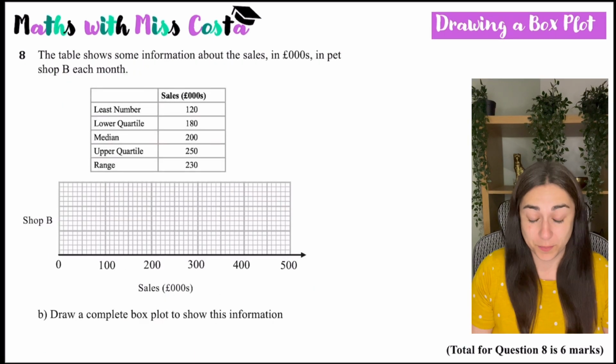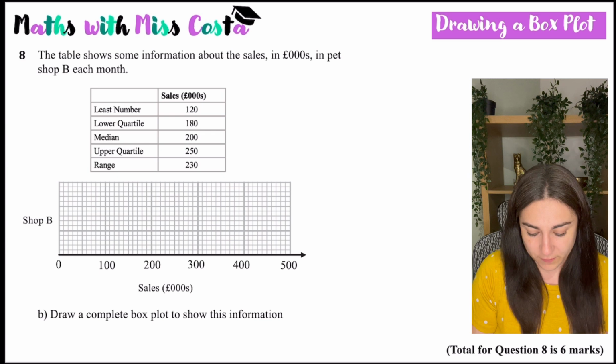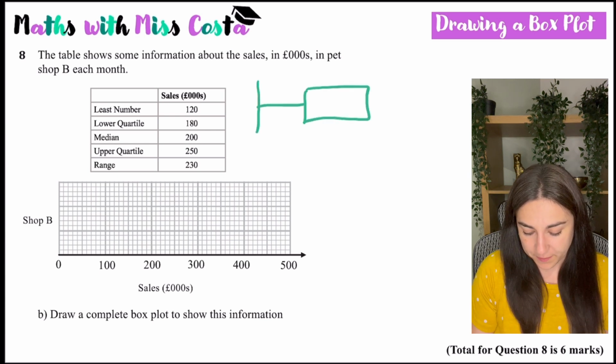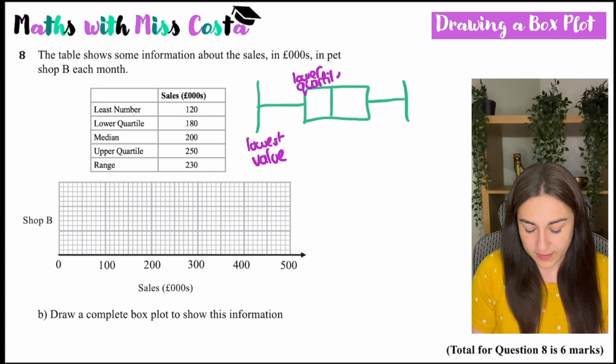Okay, so now I need to draw a box plot, and remember every single box plot is going to look something like this, where this little part is your lowest value. This is going to be your lower quartile. This is going to be your median, then your upper quartile, and your maximum value.